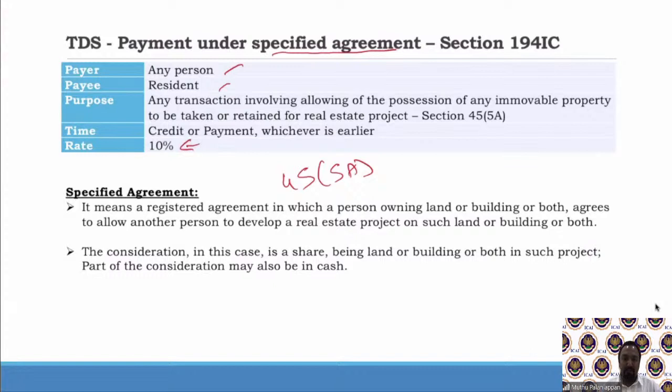So what is a specified agreement? It is basically a registered agreement with the person owning land. So a person who is owning a land or a building or both agrees, saying that I'm not selling the land, but I'm allowing you to construct a real estate project on such land or building or both. Now in this case, whatever consideration is paid for that project will have to be deducted at 10%. So TDS at 10%. It can be part of the consideration in cash or in kind.